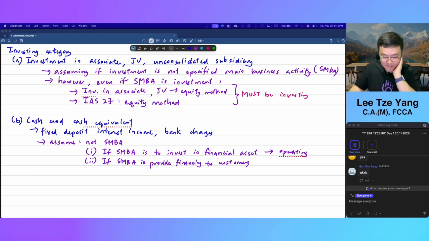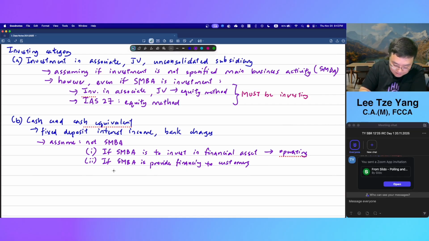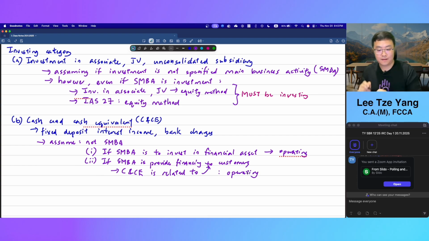In short, what I'm trying to say is, if this is your main operation, to provide financing to customers, then if your cash and cash equivalent, C and CE for short, is related to this, then operating now.